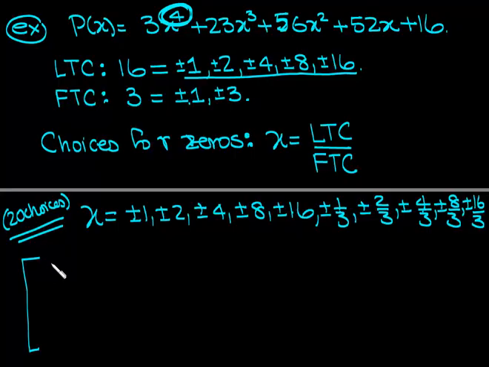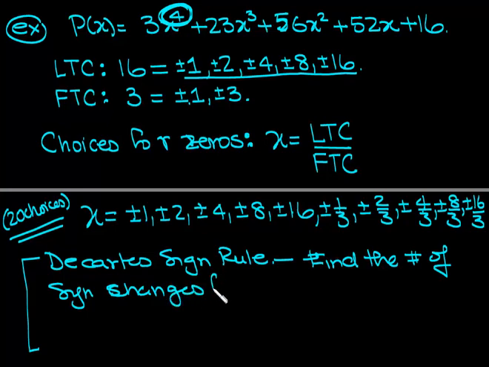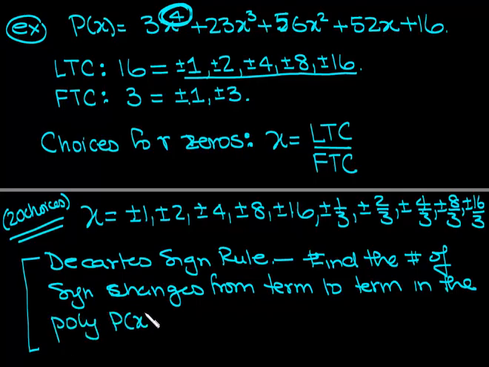So what I want to do is use something called Descartes' sign rule, which basically tells you to find the number of sign changes from term to term in the polynomial p of x and p of minus x. So I have to find the number of sign changes from term to term.